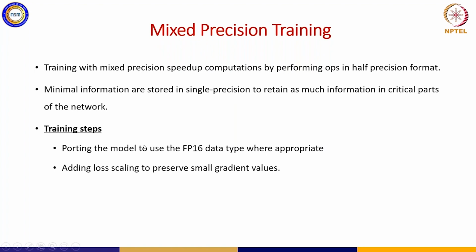During the training, the steps you need to take are, first, you need to port your model to use the FP16 data type where it is appropriate. The only place you will not use FP16 is if, maybe, you're dealing with multi-class classification where you might want to use the softmax activation function. For the softmax activation function, you have to use FP32 there. For the other parts, you will be able to use FP16. And the second step is that you need to add loss scaling to preserve small gradients.